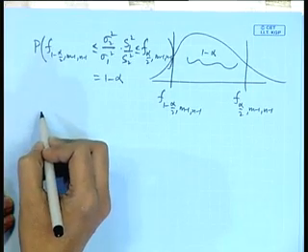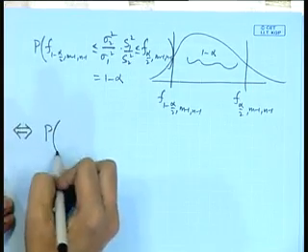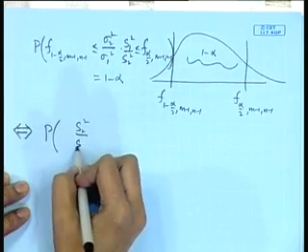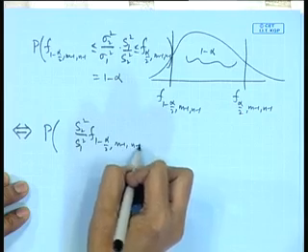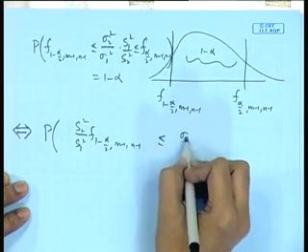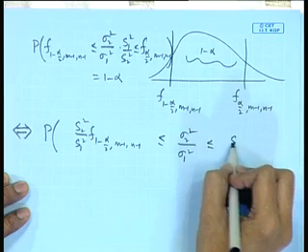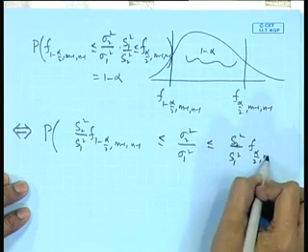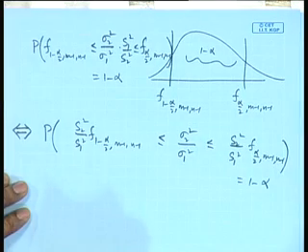So, we make use of this and adjust the coefficients: the probability that S 2 square by S 1 square times F 1 minus alpha by 2 (m minus 1, n minus 1) is less than or equal to sigma 2 square by sigma 1 square, which is less than or equal to S 2 square by S 1 square times F alpha by 2 (m minus 1, n minus 1), is equal to 1 minus alpha.